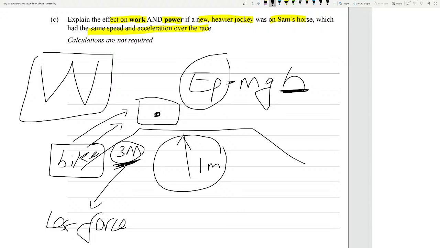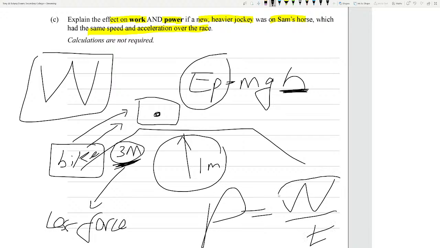If you look at it scientifically and substitute into the equation, power equals work divided by time, everyone is doing the same amount of work, the 20 press-ups. But the person who did it in the least amount of time would have the most power. So that's working out power for you.